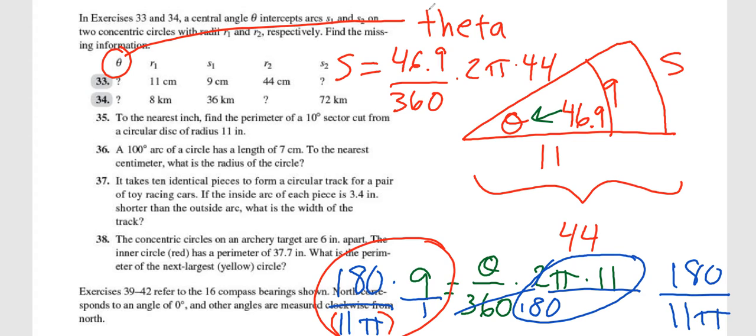Try this again. 46.9 divided by 360. Hit the enter button. Times 2 times 5 is 44. Good. Oh, 36, I've heard a couple people say. That's true. It is 36.